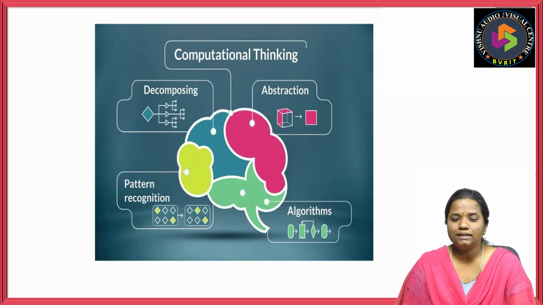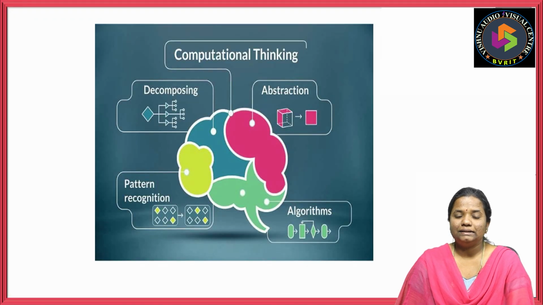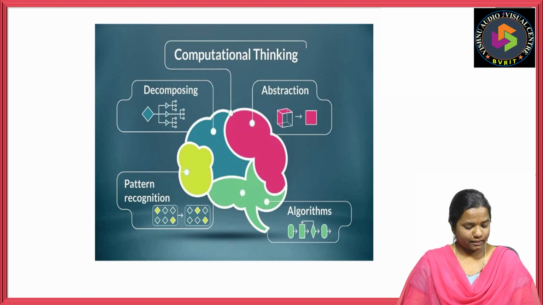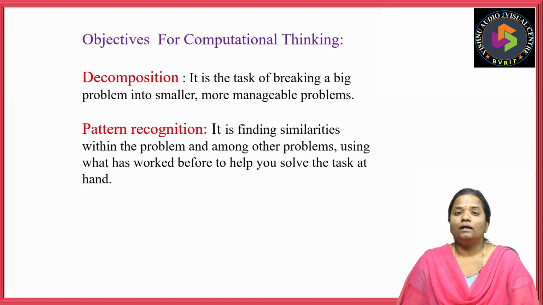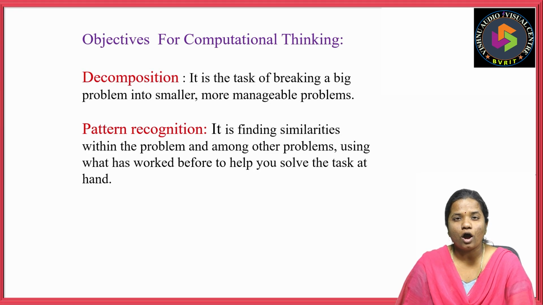If you observe this diagram, these are the main factors or objectives for our computational thinking. What are the main keys for our computational thinking? Decomposition, abstraction, pattern recognition and algorithmic thinking. Now, let me explain the objectives of computational thinking.